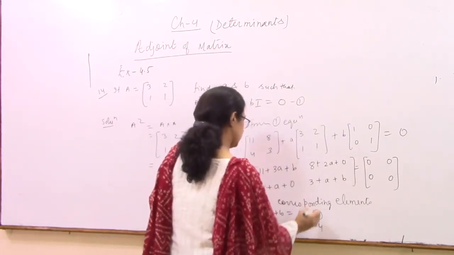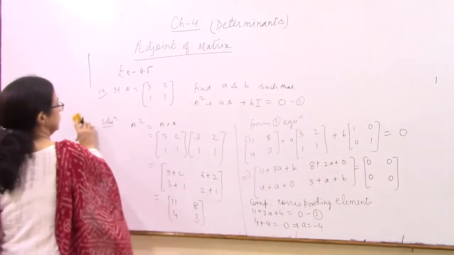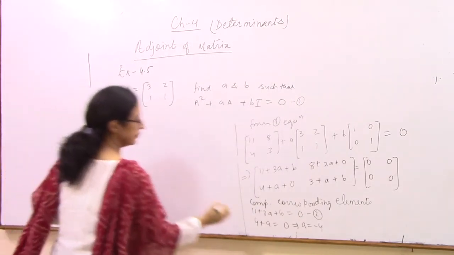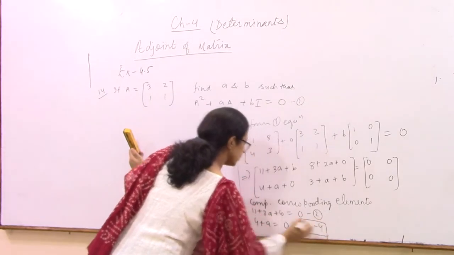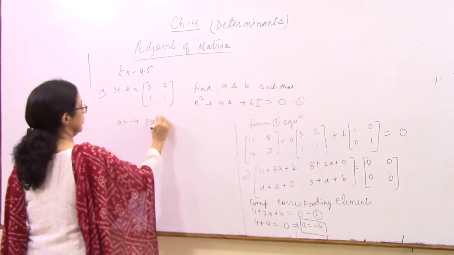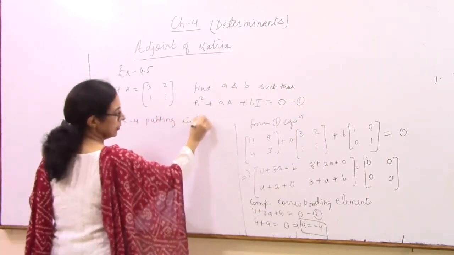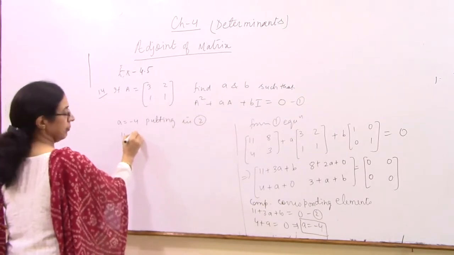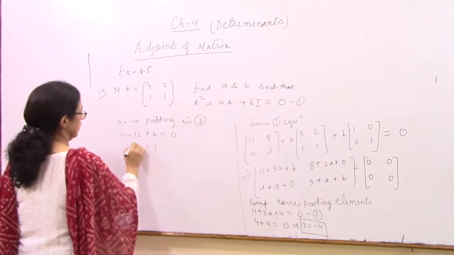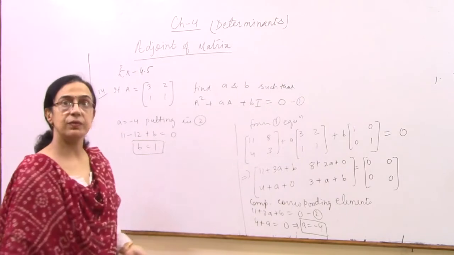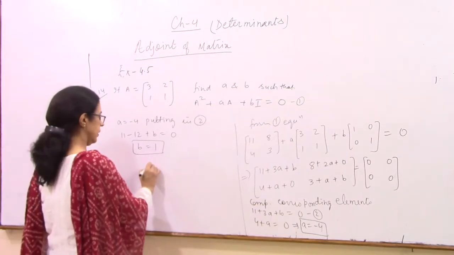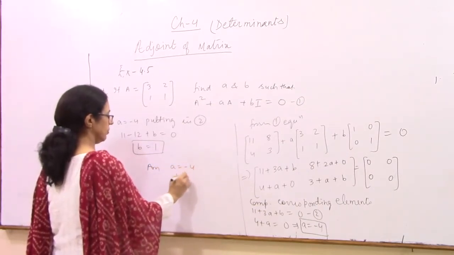Putting a equal to minus 4 in the second equation, then 11 minus 12 plus b equal to 0, then b equal to 1. So the answer is a equal to minus 4 and b equal to 1.